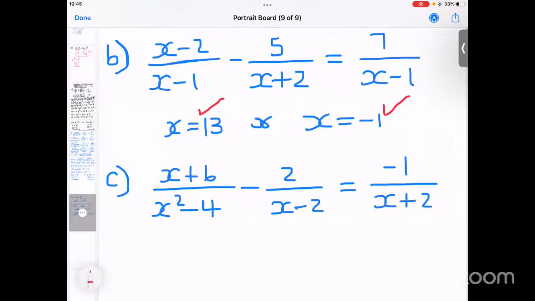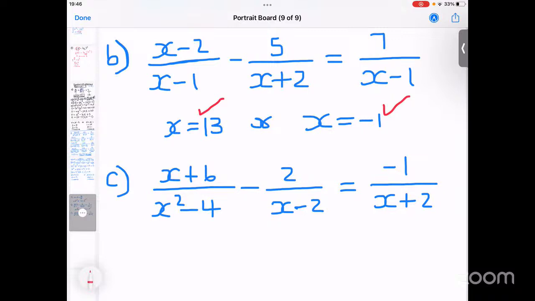What did you do first? So I factorized the x squared minus 4, which gave me x minus 2 and x plus 2 inside the brackets. Okay, then it looks like you've got your LCD being x minus 2, x plus 2, isn't it? Yes, sir.